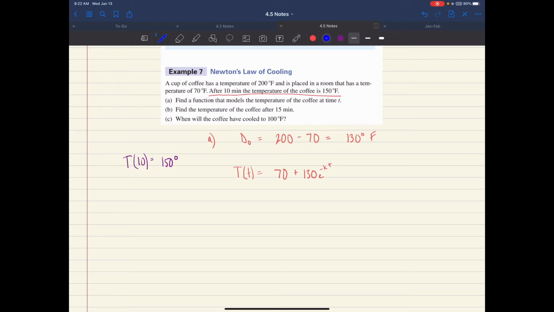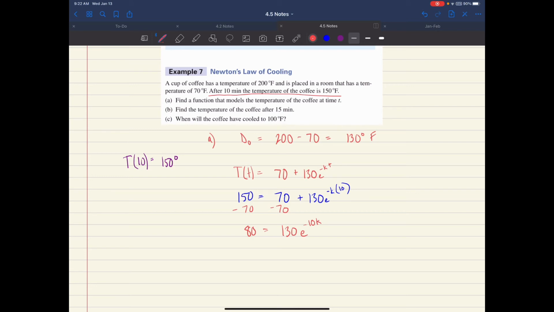So this would look like 150 equals 70 plus 130 times e raised to the negative k times 10. So now our job is to solve for that k. So let's subtract 70 to get 80 equals 130 e to the negative 10k.